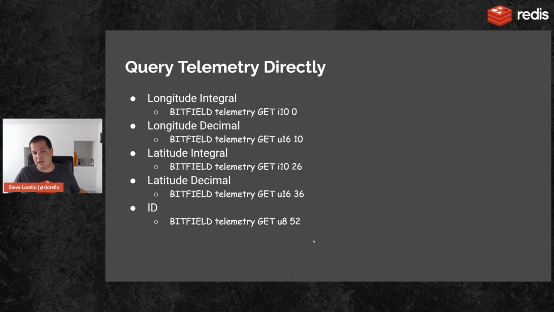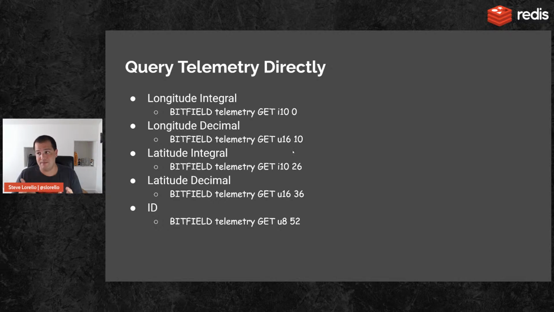Now, if we wanted to query the telemetry, we can go one at a time and do gets on all of these. So we use the bitfield command, telemetry get. If we want to get an I10, we get the I10 starting at 0. That would produce that negative 122. For the decimal, we can do a U16 at 10. That would produce a decimal.